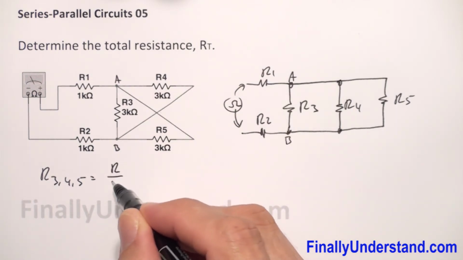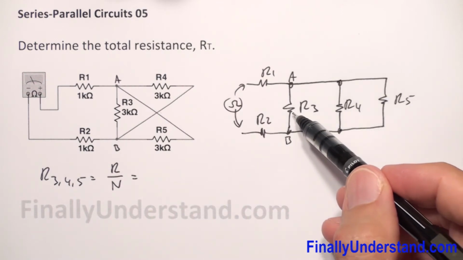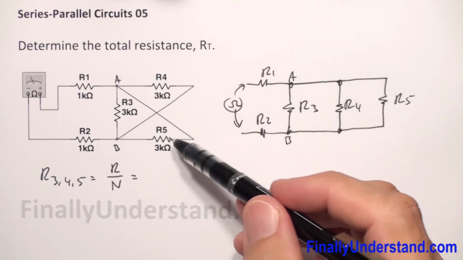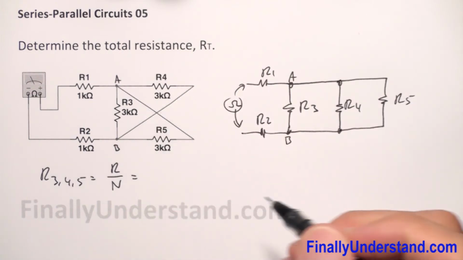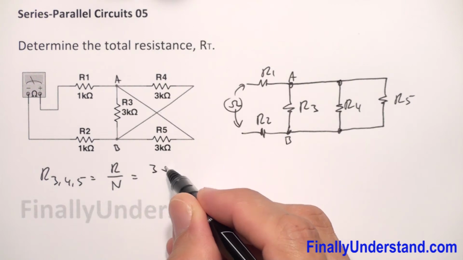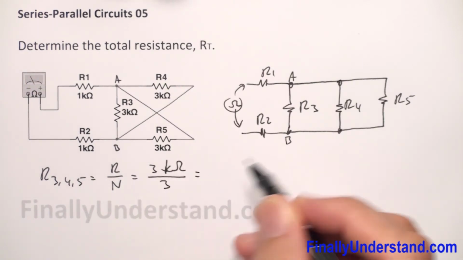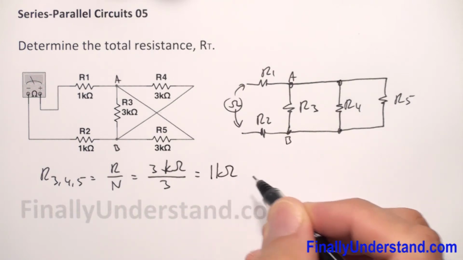Simply R over number of resistors. Why? Because these resistors are in parallel and their values are exactly the same. So R is equal to 3 kilo ohms over 3, which is equal to 1 kilo ohm.